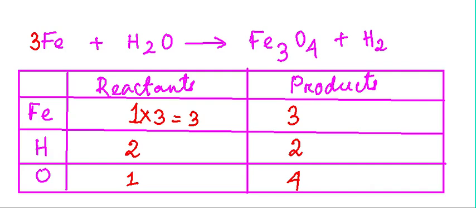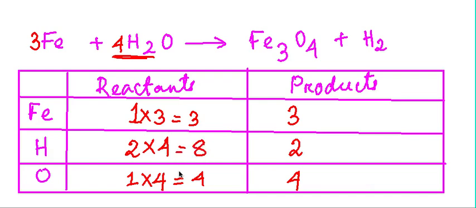So we'll go to the oxygen. Oxygen has only 1 atom on the reactant side, so we should multiply 4 with water on the reactant side so that oxygen becomes 4. Now when you multiply 4 with water, it also increases the number of hydrogen atoms to 8.